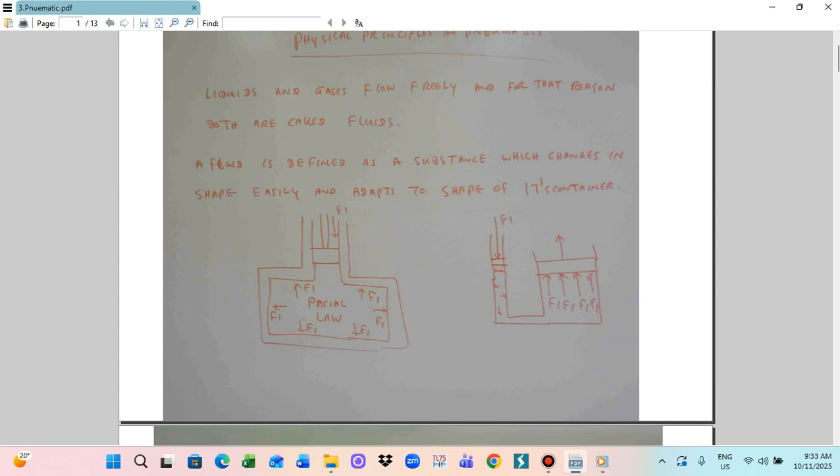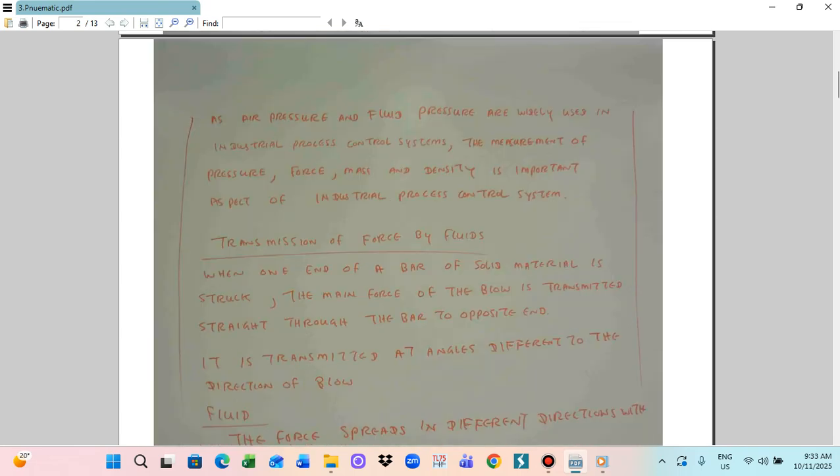This is why in process control systems we extensively use pneumatic pressure. We use air pressure or fluid pressure to perform industrial tasks. So this is why pressure measurement, force measurement, and mass measurement are important aspects in the process control system.